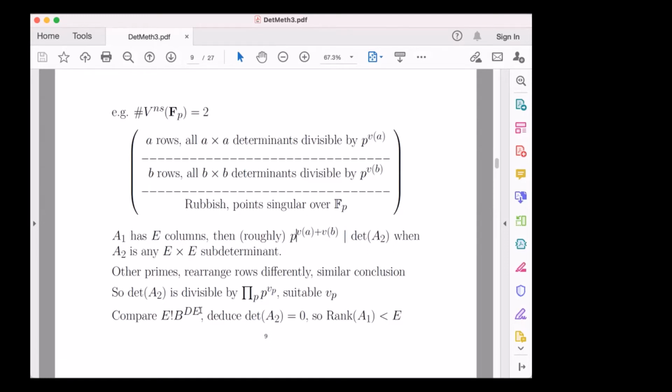And now we play the same game. We have an estimate for the Archimedean size of these determinants. We compare that with the divisibility constraint.